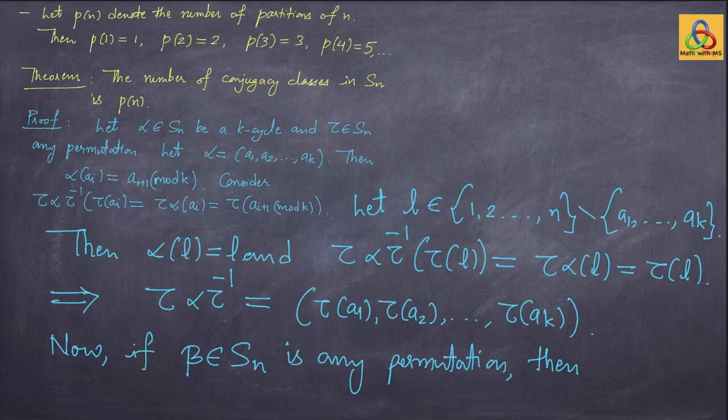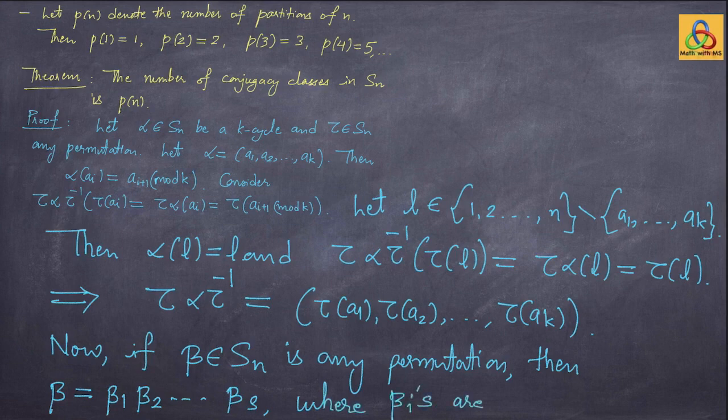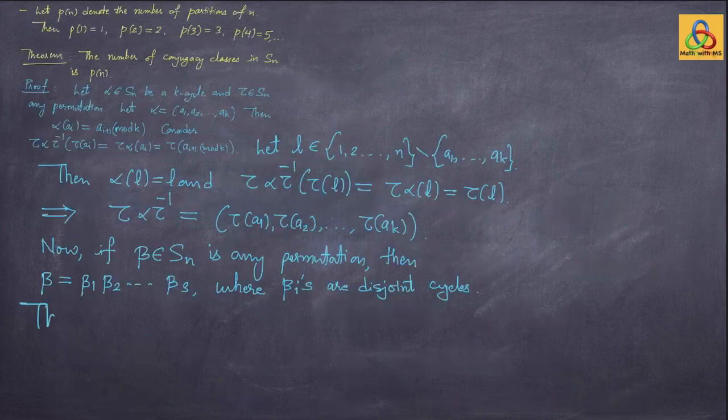Then beta can be written as beta 1, beta 2, and so on, some beta s, where the beta i's are disjoint cycles of length bigger than or equal to 2, because we don't really write the one cycles. Then look at this conjugate tau beta tau inverse.